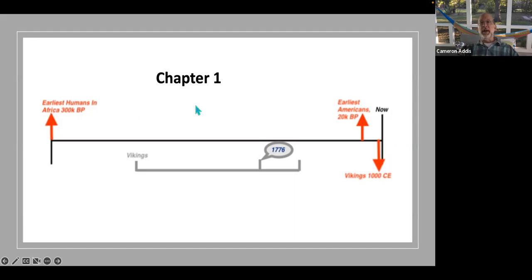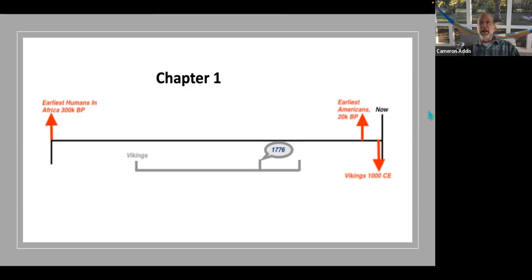Then we talk about that migration out of Africa into other parts of the world, including the Western Hemisphere, or the Americas. That goes back a long time too, not nearly as far, but let's say a maximum of 20,000 years before the present, which would be 18,000 BCE or 18,000 BC or so.